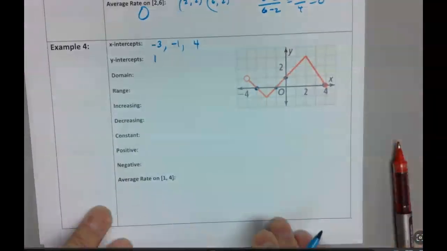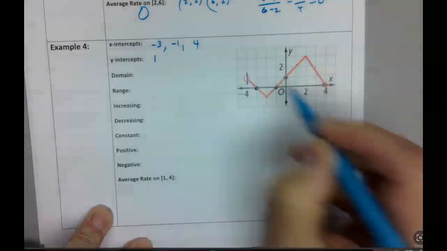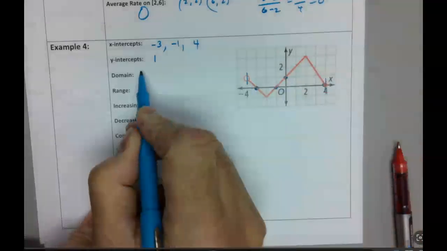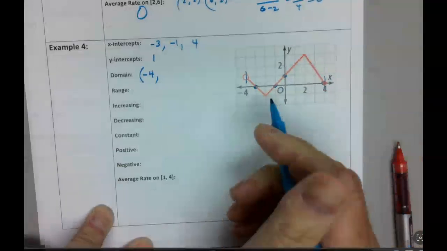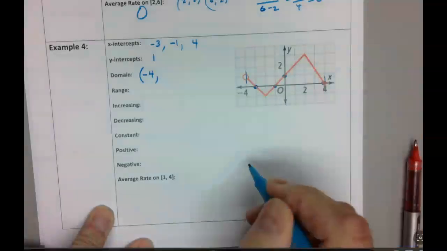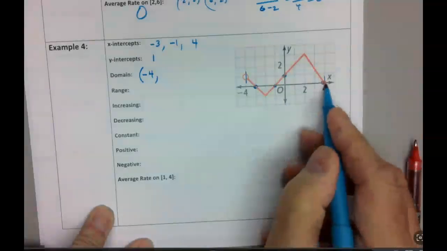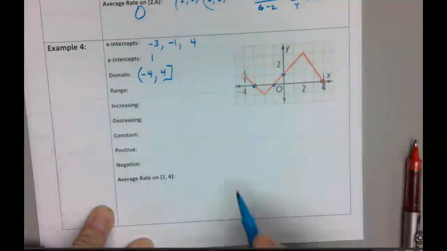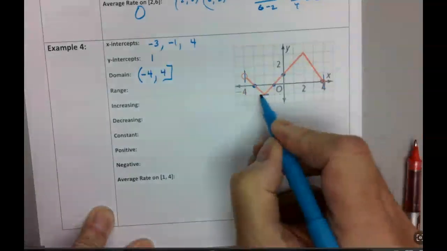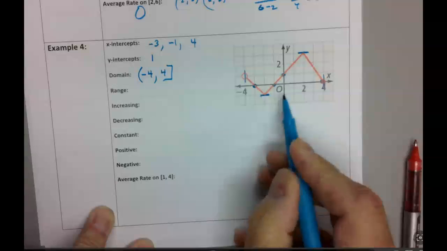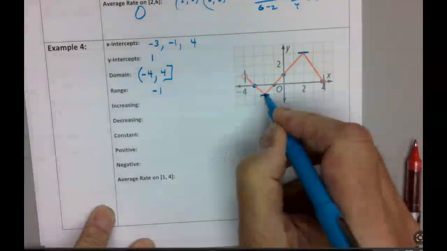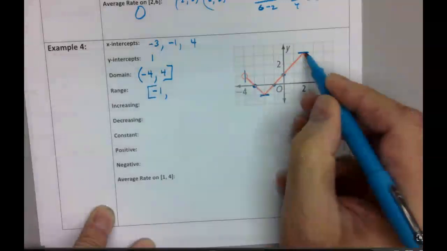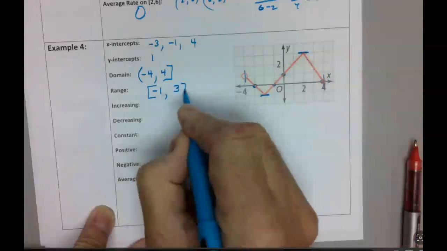My domain, left to right. That's an open circle, so my domain would be parentheses negative 4 to 4, which is a point, so it's going to be a bracket. My range is floor to ceiling, so that would be negative 1. When it does this right here, that's considered a point, so it's bracket, to 3, bracket.